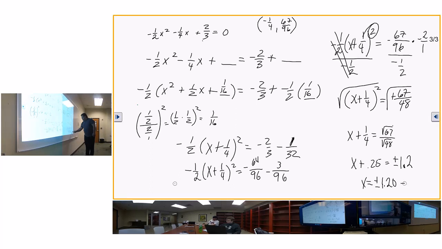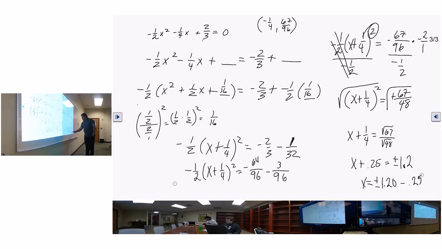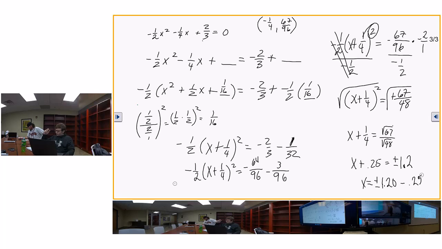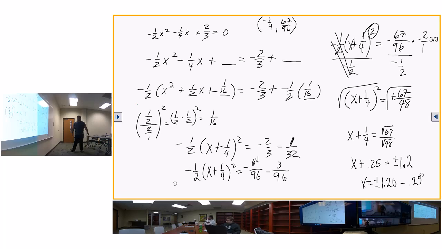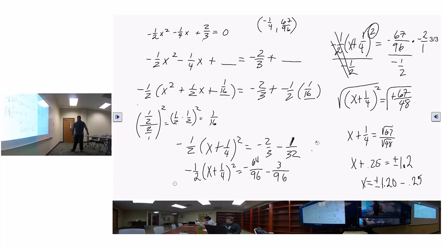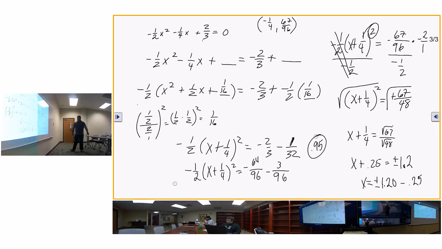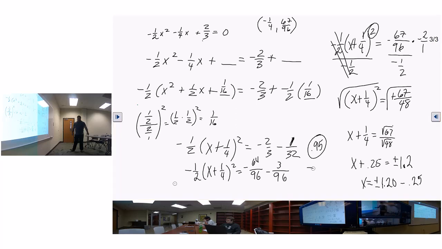minus 25 cents. So what's 1.20 minus 25 cents? 95 cents. And if you owe $1.20 and you owe 25 cents, you owe $1.45. All right, graph it.